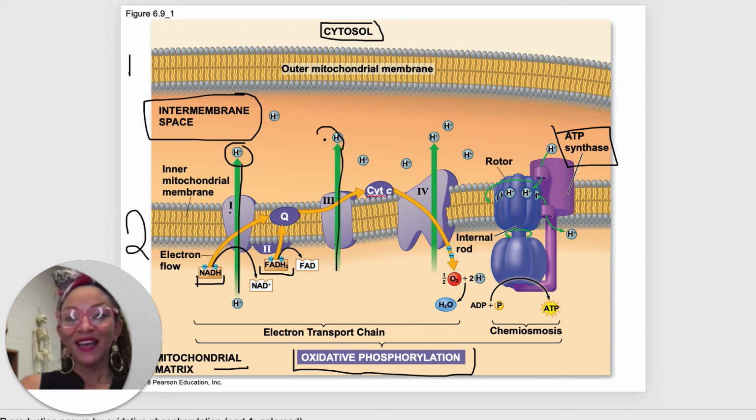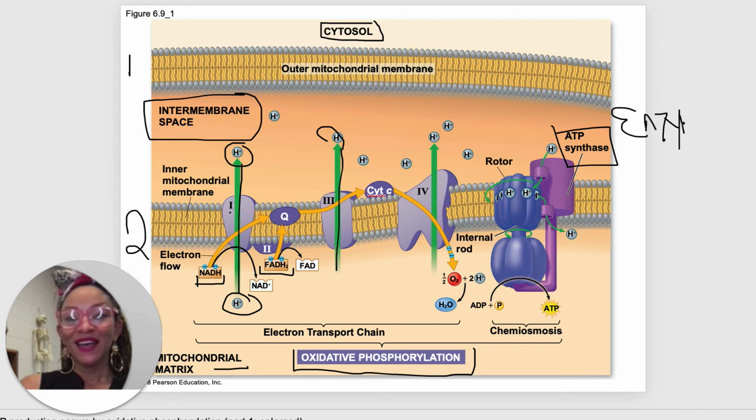Pumping them out, and you kind of see we have a gradient forming, right? Because we only have one proton here in the mitochondrial matrix, and then a bunch more in the intermembrane space. And as that concentration gradient, which means there's more on one side than the other, helps to drive this rotor of ATP synthase, which is an enzyme.